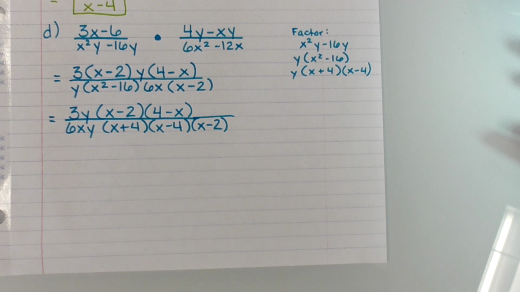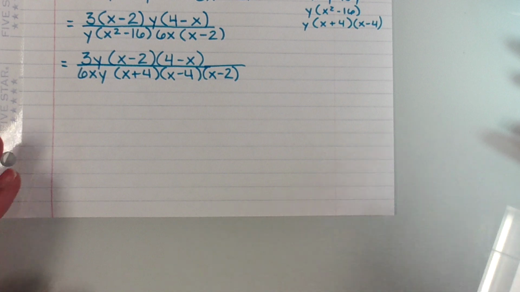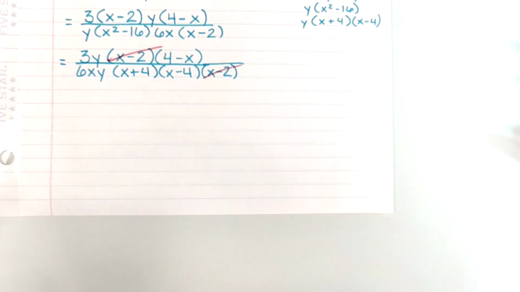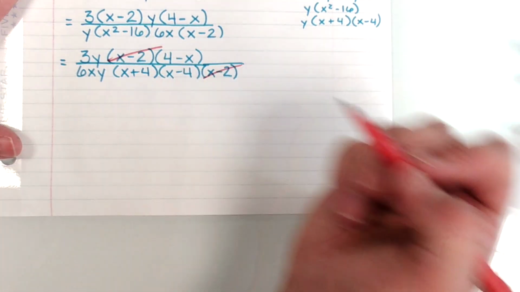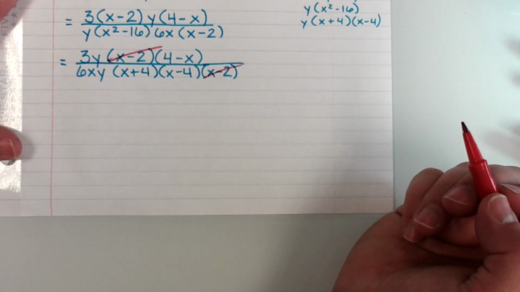Andrew, what's something you notice that simplifies? The x minus 2s are dead. Vivian, is there something else that you notice simplifies? 3y and the 6xy would leave me with what on top and what on bottom?